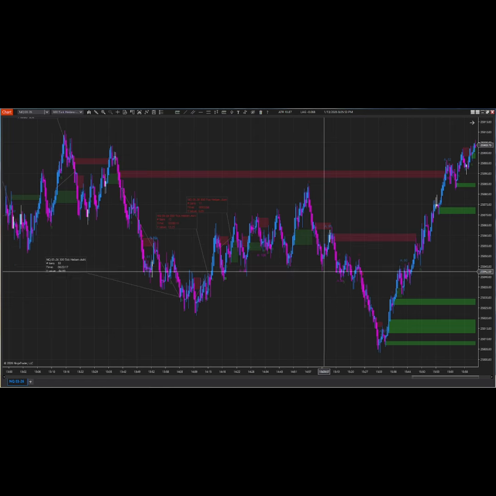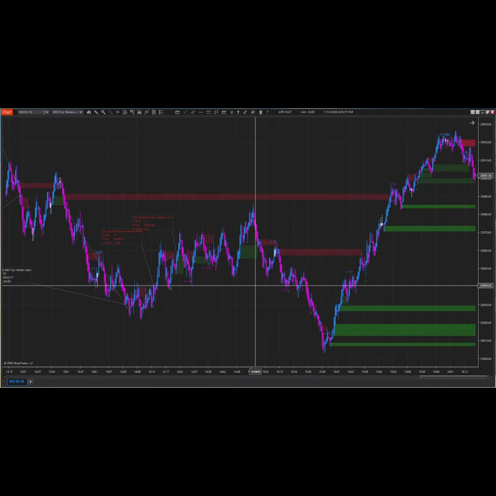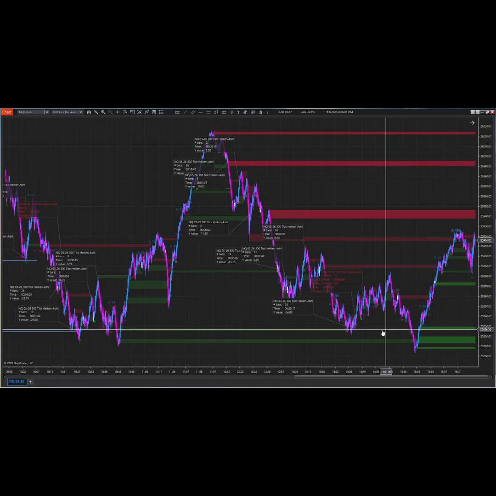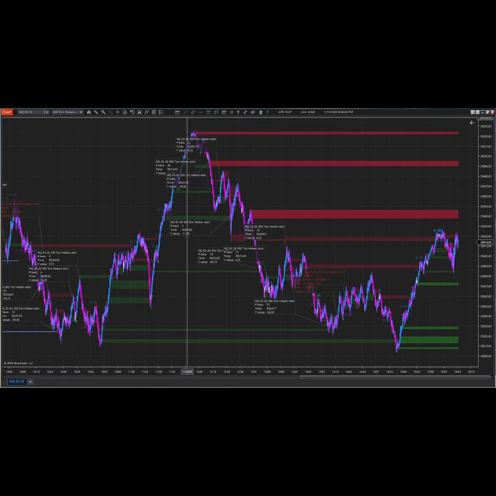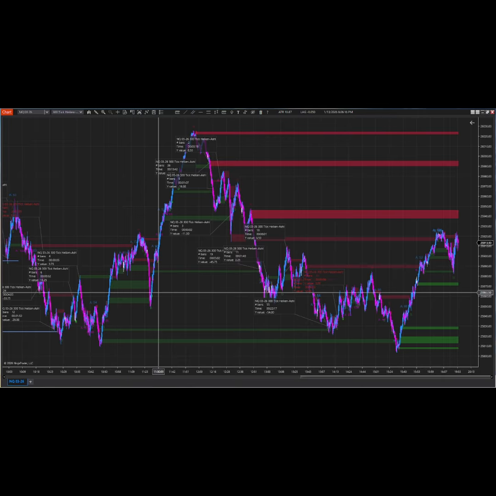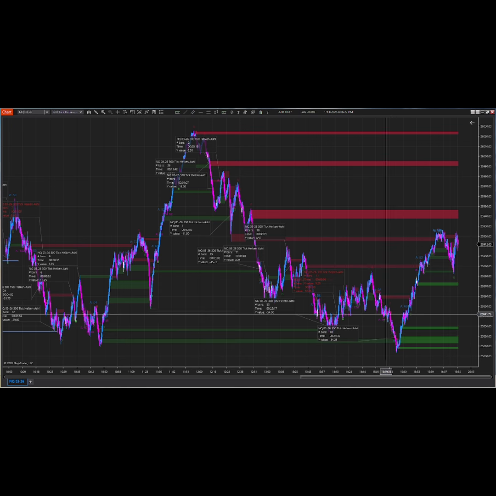Here we're in a bit of a chop. That was at the end of the day here. At the end we had this other little run. Let's see. Finally broke out of this little bit of a chop. This was more of a flag that happened right here. On this flag here, went right to there. There we go.